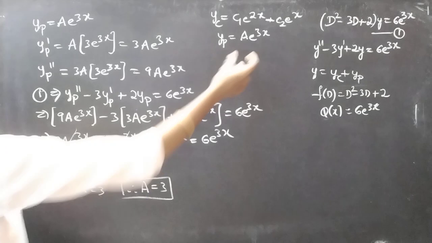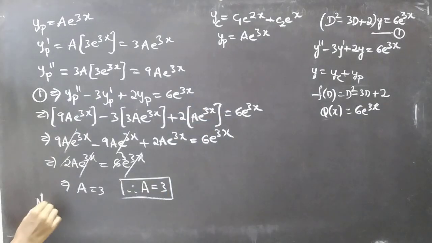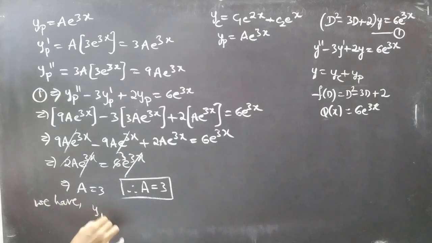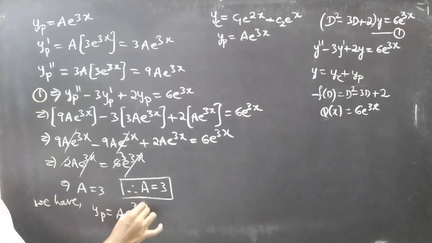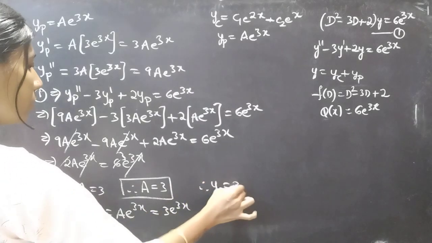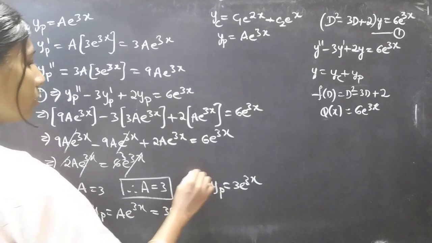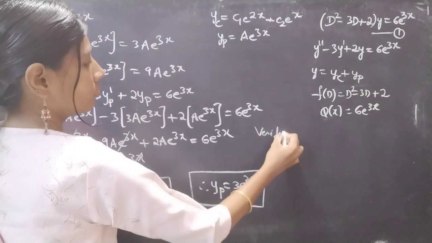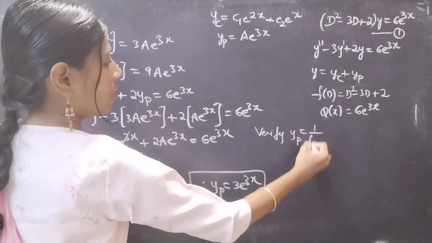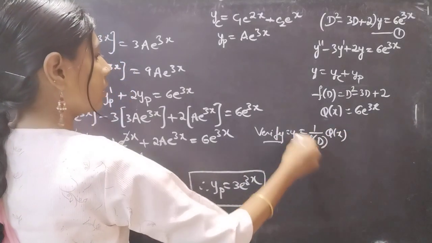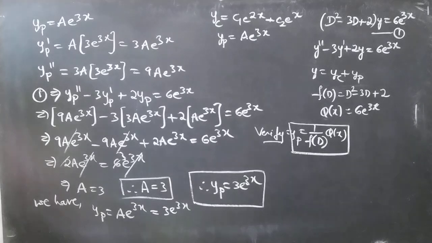Now substitute the value in yp. We have yp equal to a e power 3x, which equals 3 e power 3x. Therefore yp equal to 3 e power 3x. You can verify yp using the formula yp equal to 1 by f of D into q of x.